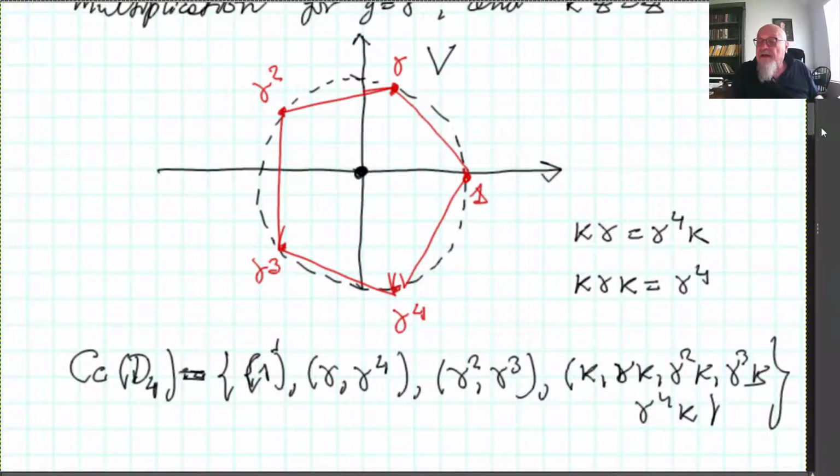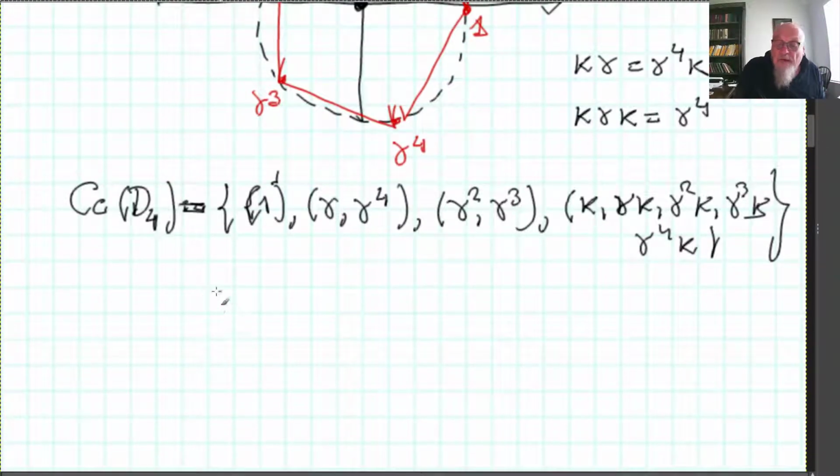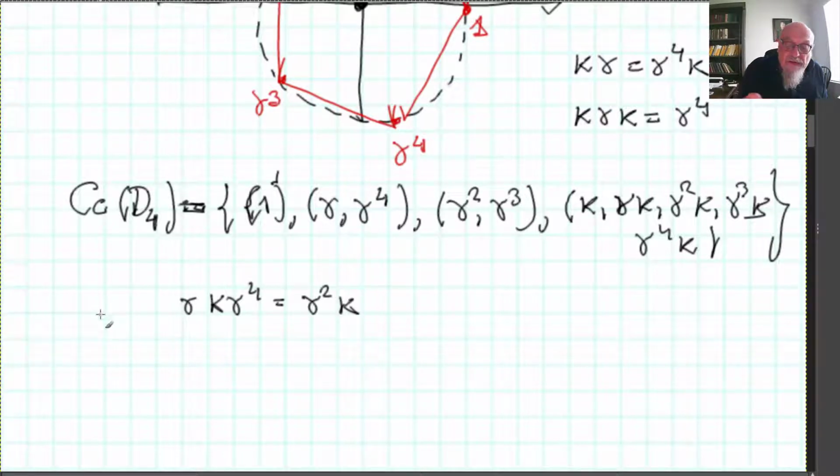And let's check it. What happens if I take kappa and take gamma, gamma 4? I'm getting gamma squared kappa. So we know that gamma squared kappa belongs to the class of kappa.